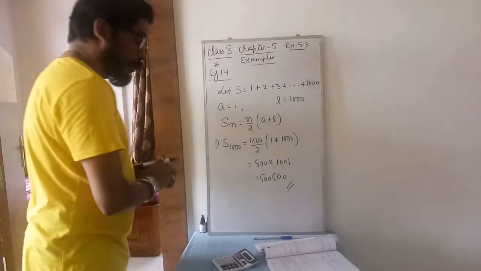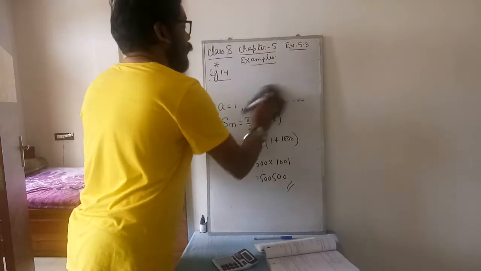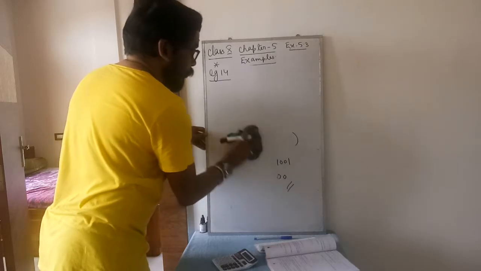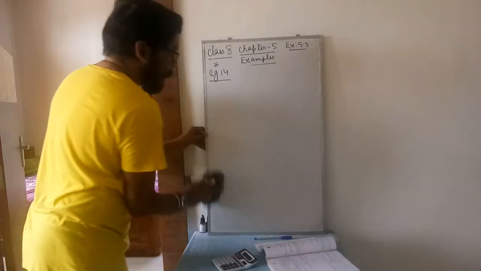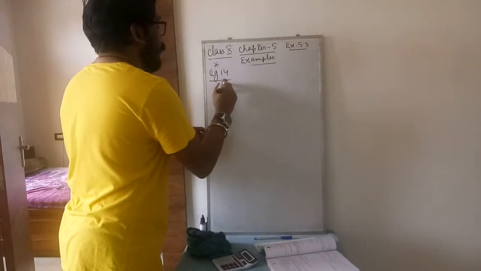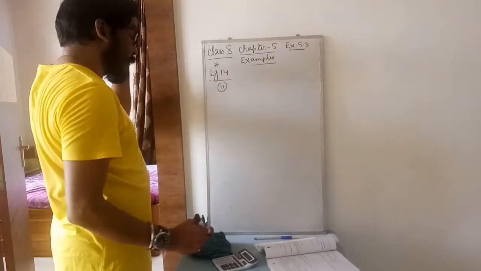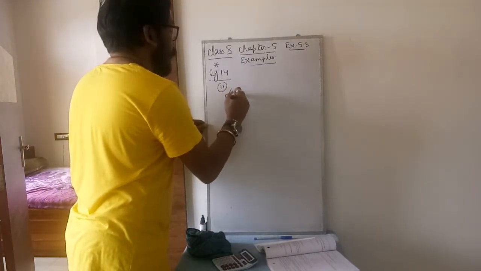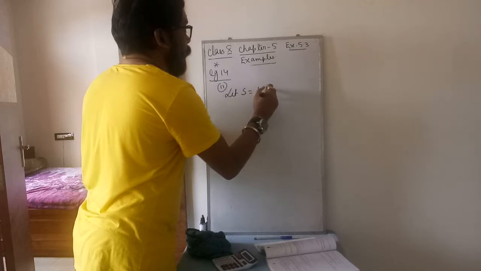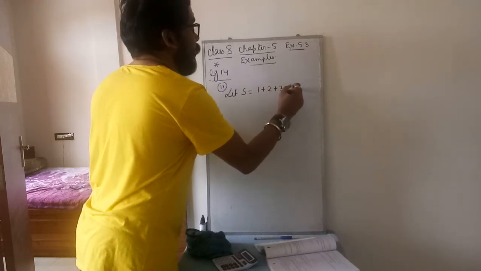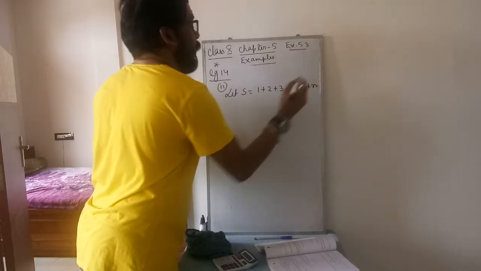Next, Roman number 2, example 14. Whatever solution you get, the last solution, it is used as a formula also. If to find the sum of first n positive integers, let S equal to 1 plus 2 plus 3 dot dot dot plus n.